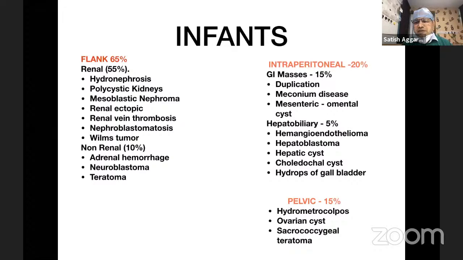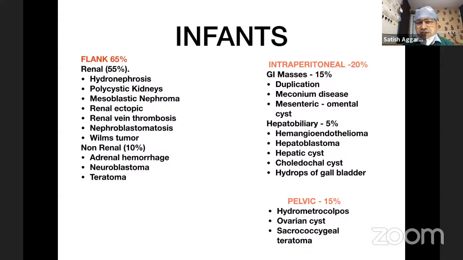You would remember 9 different regions of the abdomen: epigastrium, hypogastrium, right and left iliac fossa, right and left hypochondrium, umbilical region, and lumbar regions. So when you're talking of flank masses, remember in infants, 65% of masses are in the flank, majority of which are renal.